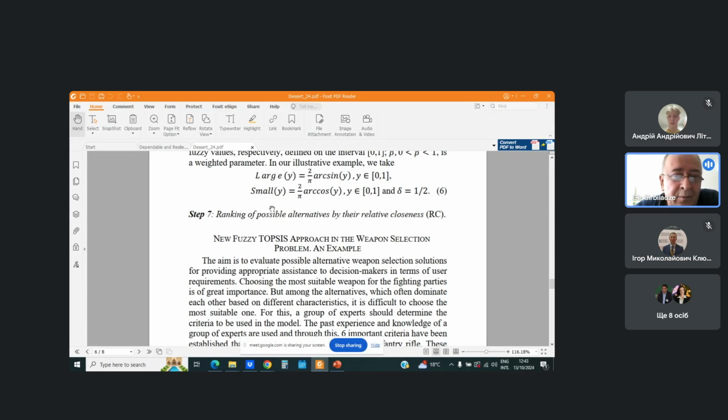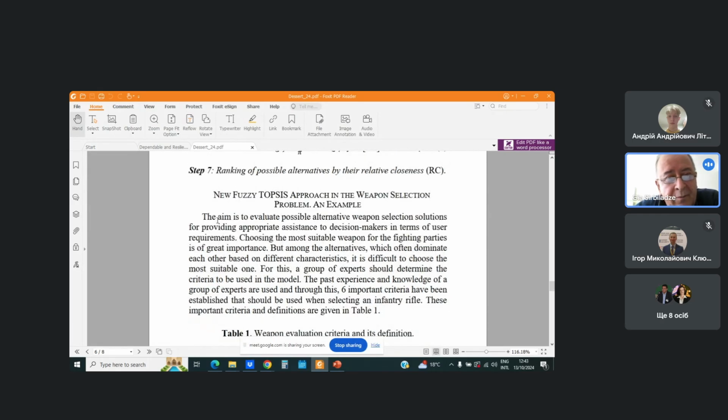And now let's go to the example. The example is purely illustrative, demonstrative. Of course, we are discussing the infantry rifle, but it will work for any type of weapon, and everything will be easily transferred to another area.